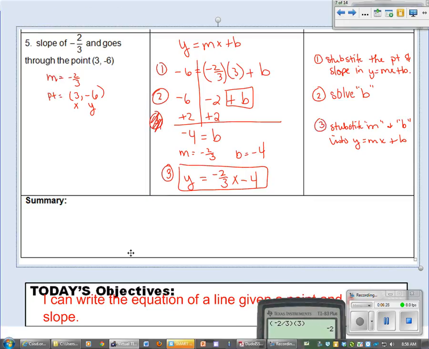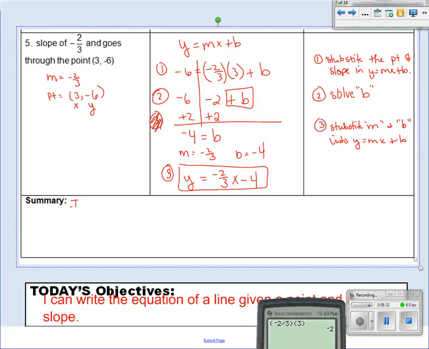So to summarize, how can we write our equations? I can write equations of lines with a point and a slope by, I'm going to write my steps again.